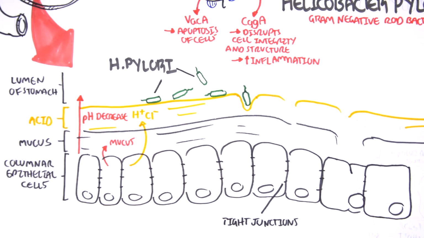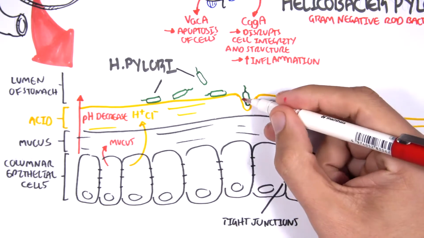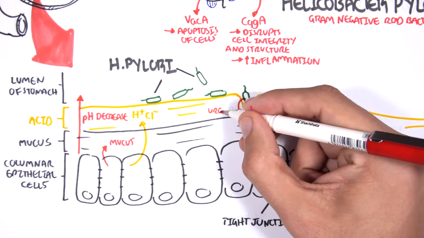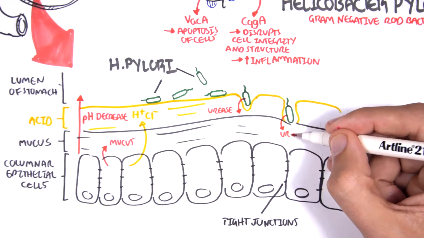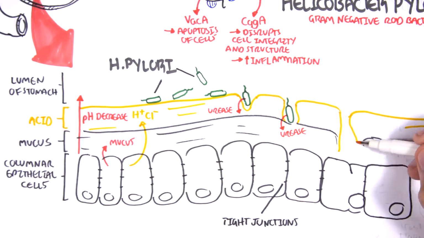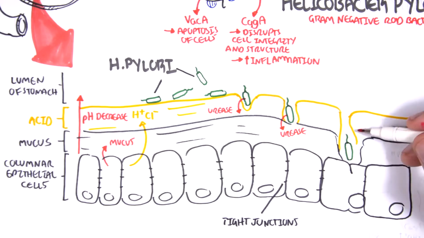You see, in the stomach, you find the chemical urea. And H. pylori can convert urea to carbon dioxide and ammonia. H. pylori can do this because it has the enzyme urease, and urease converts urea and water to carbon dioxide and ammonia. And ammonia is alkaline, so it neutralizes the acidity there, and therefore the H. pylori is able to move down towards the cells of the stomach.